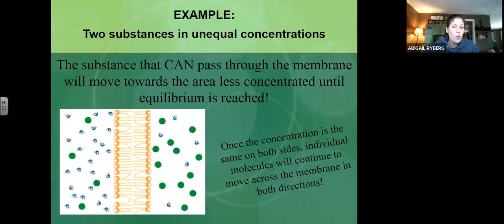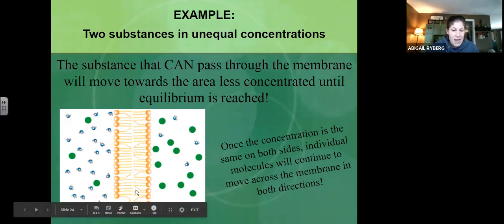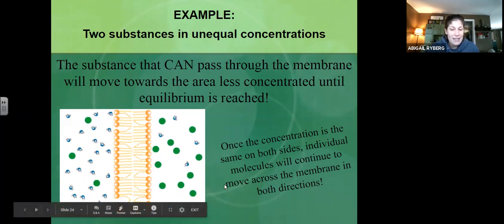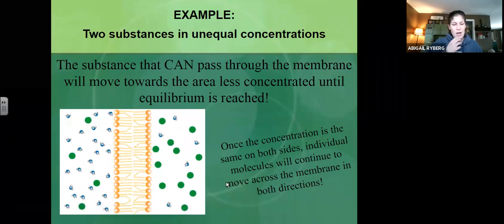So within this diagram, we have a cell membrane right here. And we have two molecules that are going to try to go in one direction or the other. What's going to happen, you guys, is if I were to make you count the green circles, you could see that on the left side of the membrane, there's 4 green circles.